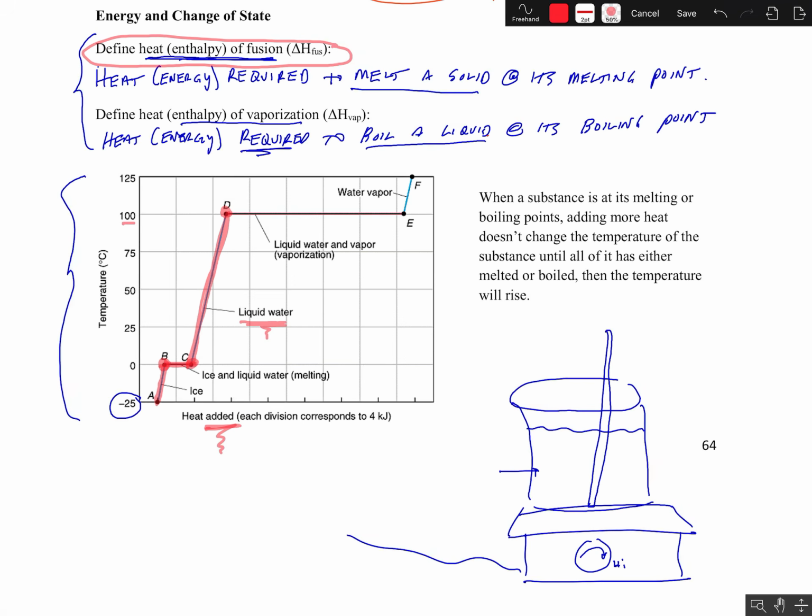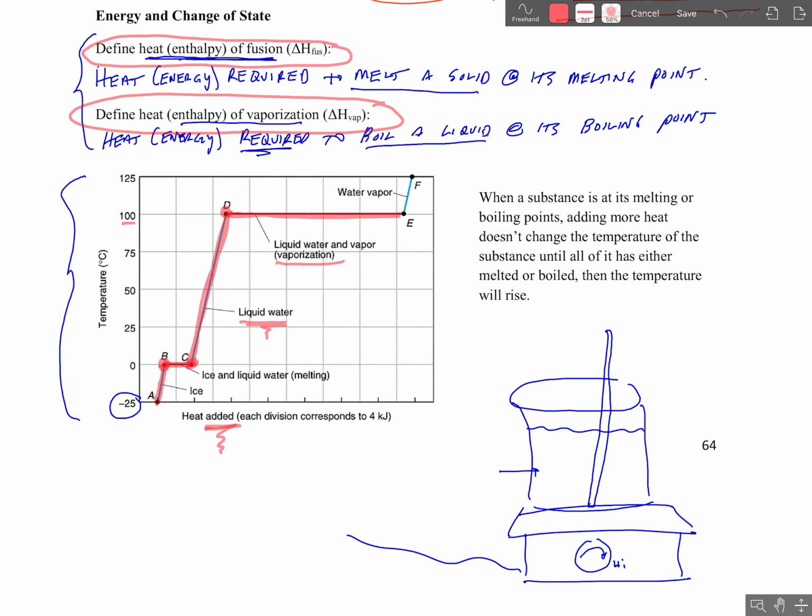And the temperature, interestingly enough, does not change again. Right? Why doesn't it change? You're adding heat. Shouldn't the temperature go up? No, this is where the heat of vaporization comes into play. The energy that you're adding goes into changing the phase. It's pulling those molecules away from each other and turning them into a gas.